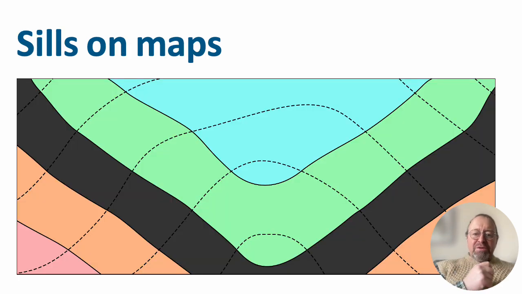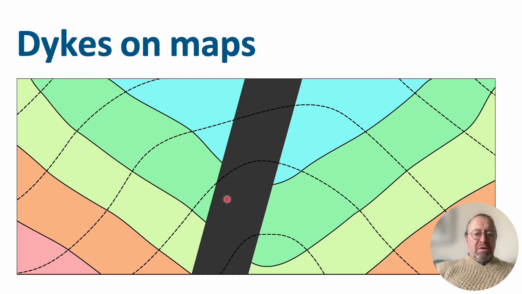And we can use these characteristics, of course, to identify things on the map. So sills will be going parallel to the stratigraphy like that. Dikes are very typical. Usually if they're high angle, which they often are, they are cutting both the stratigraphy here, but also the topography as well.